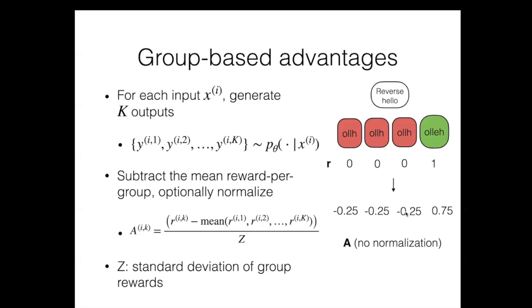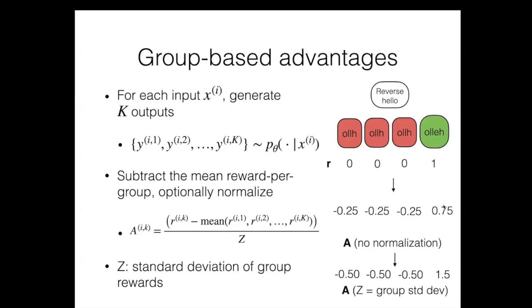Now we can think about, what are some other effects that this group-based advantage could have? And then you can also do the normalization by the standard deviation. So what are some other effects this could have? Well, let's say that instead we got 0, 0, 1, 1, then our mean would be 0.5, and so our positive rewards would be a bit lower.